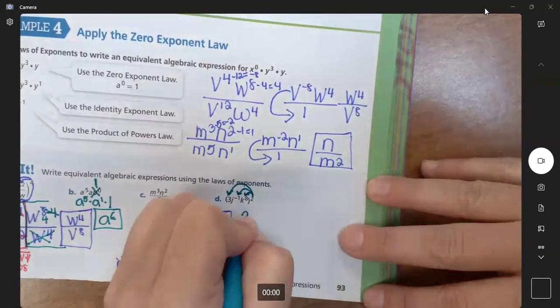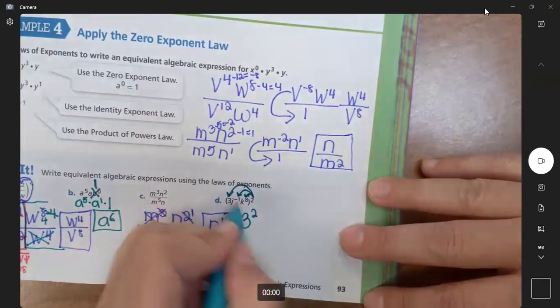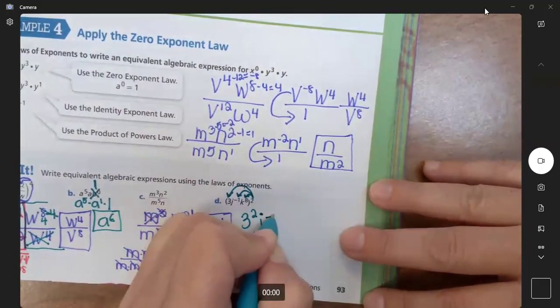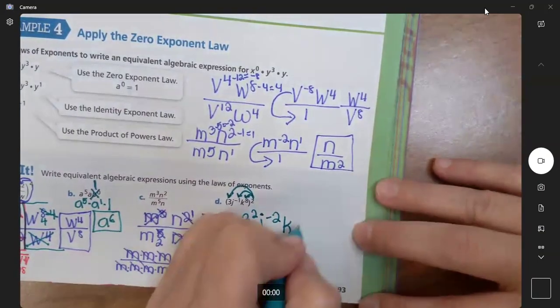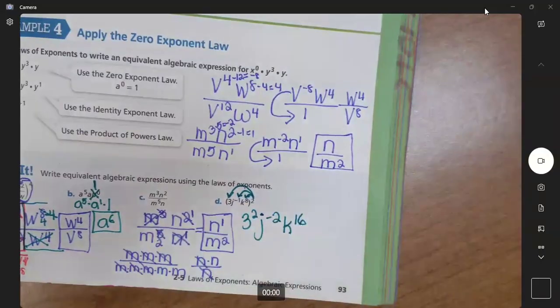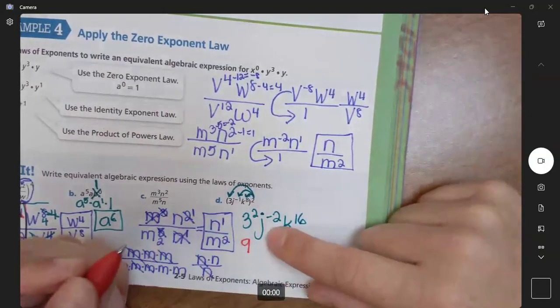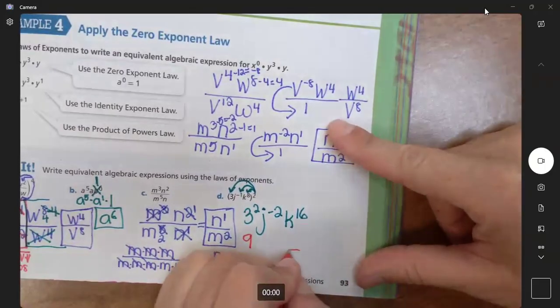So we have 3 to the 2nd. What is -1 times 2? -2. And then we have 8 times 2, which is 16. 3 to the 2nd power. Anybody? Anybody? 3 times 3? 9. J to the -2. Uh-oh. What do we know about negatives?